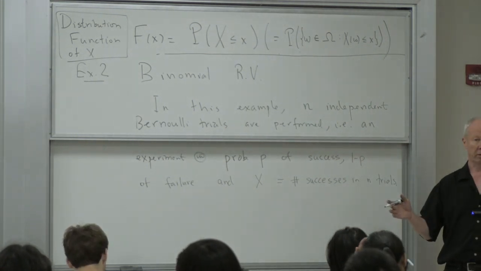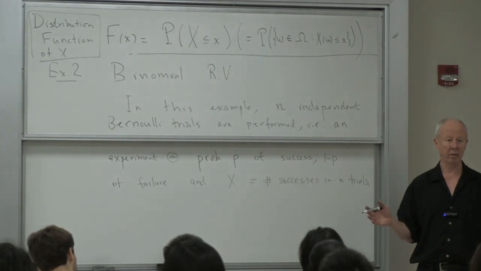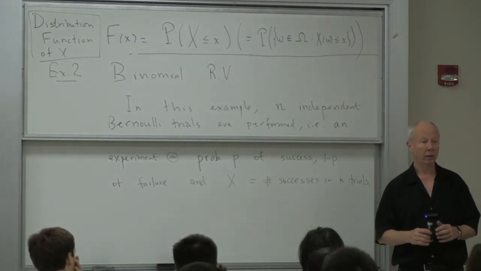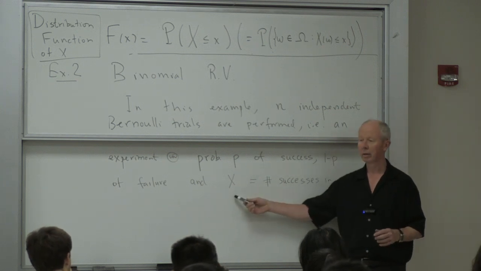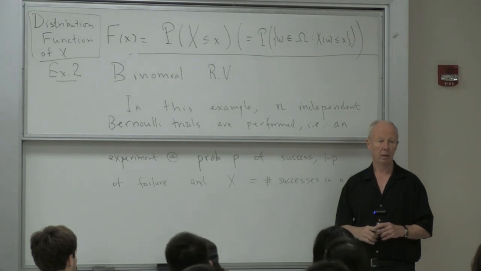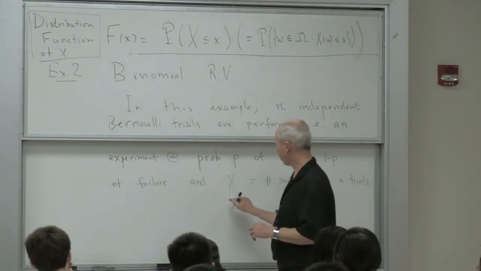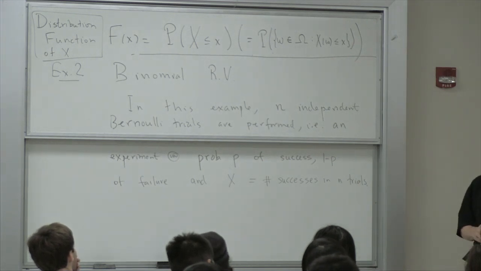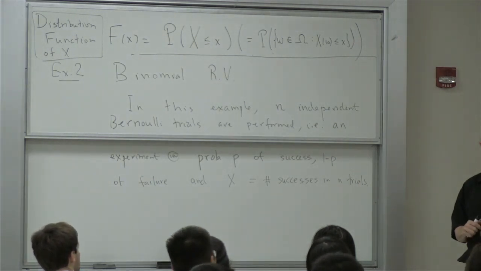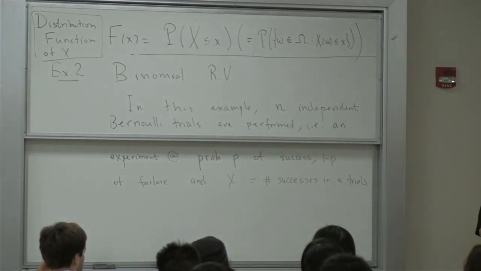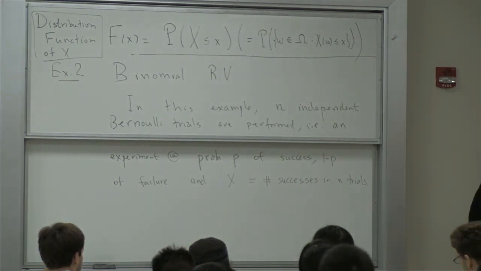So the sample space would be sequences of length n, whose components are either S or F, and then X would just be the number of S's that appear in the sequence. Okay? So what possible values can X have? If we're counting successes in n trials, you might have 0, 1, 2, up to n. So X will be some integer between 0 and n inclusive.